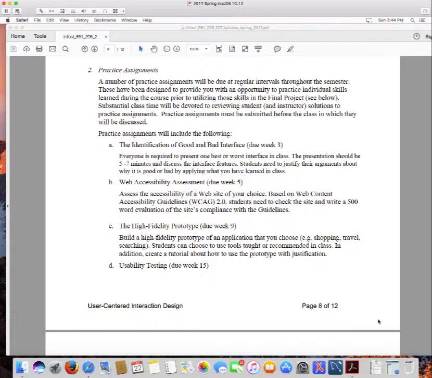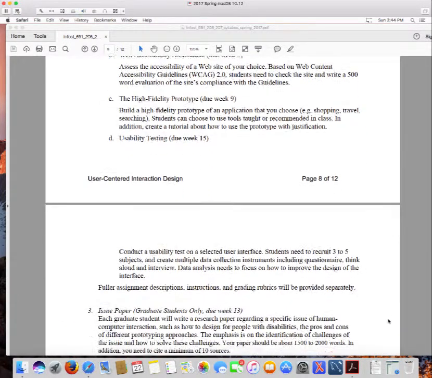Listed here: the identification of good and bad interface. We need to be able to do that to do our project well. Web accessibility assessment. Need to be able to do that to do our project well. A high fidelity prototype. Usability testing.